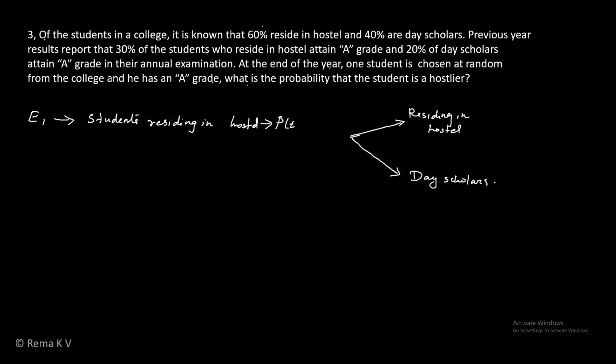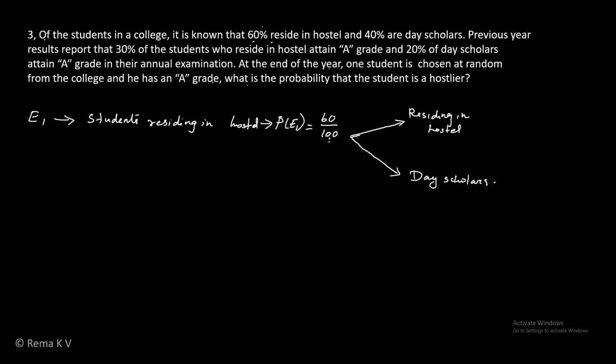Can you give the probability of E1? 60% reside in hostel, so the probability can be taken as 60 by 100: number of students residing in hostel divided by total.